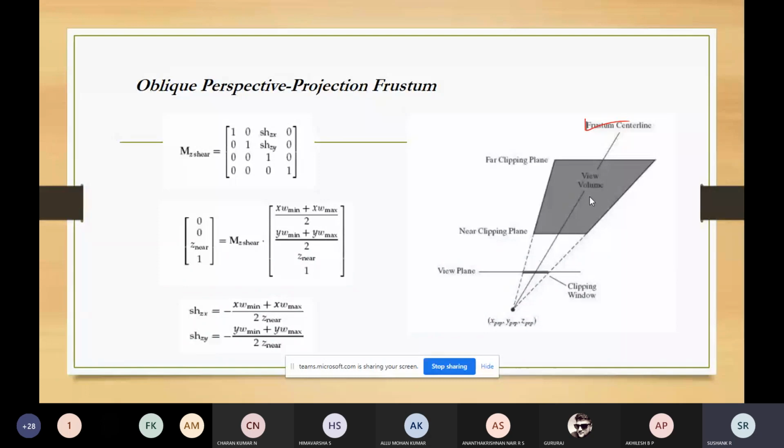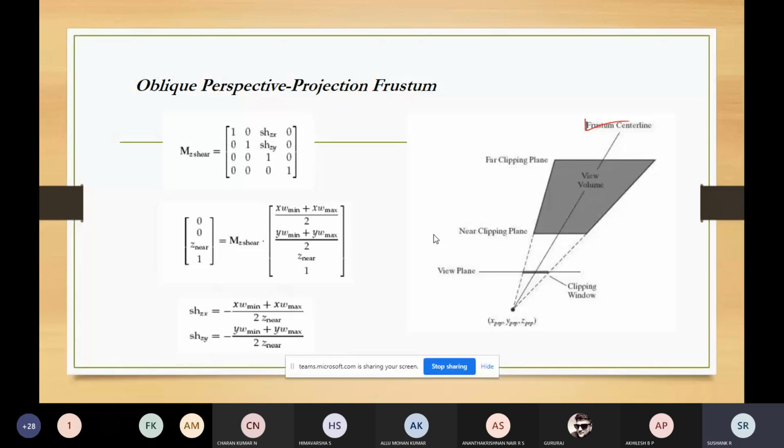From this image itself, you can make out that this frustum center line is not perpendicular. So how do we handle this kind of situation? How to get the points, how to get the clipping window, how we can handle all these things in case of an oblique perspective projection frustum.